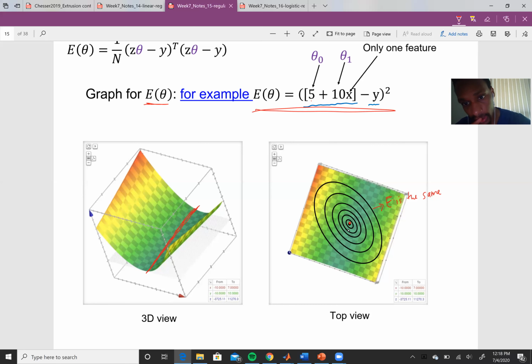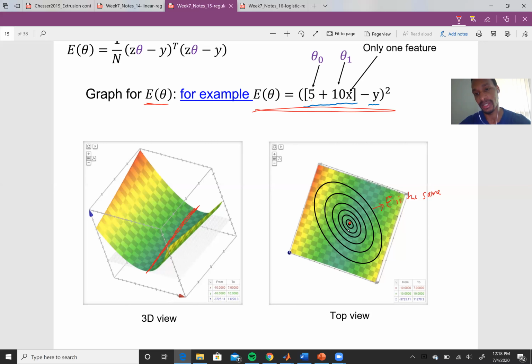If you look at this point. Okay, I'm not sure if these lines are actually representative of what I'm saying, that the E is the same, but I'm saying that there are some contour lines you can draw here where the E is the same.